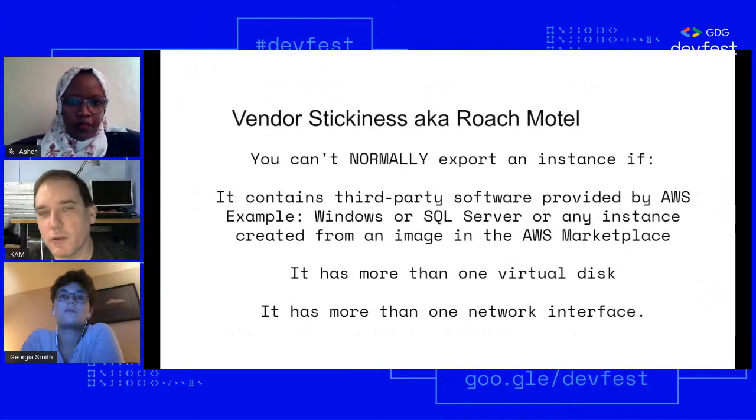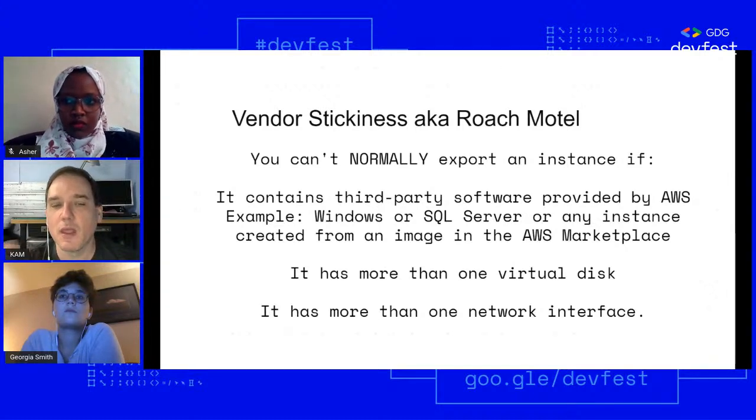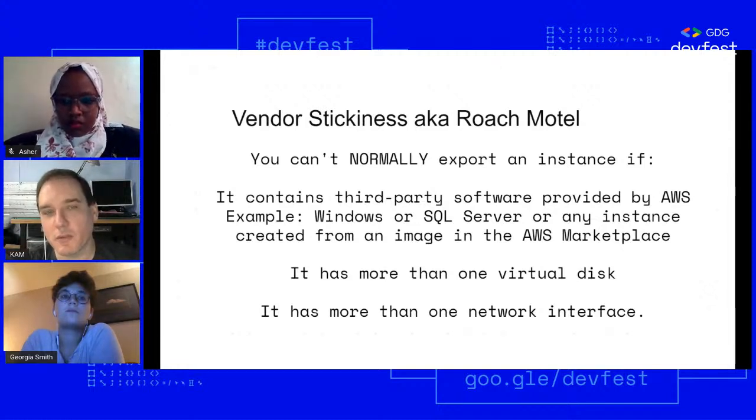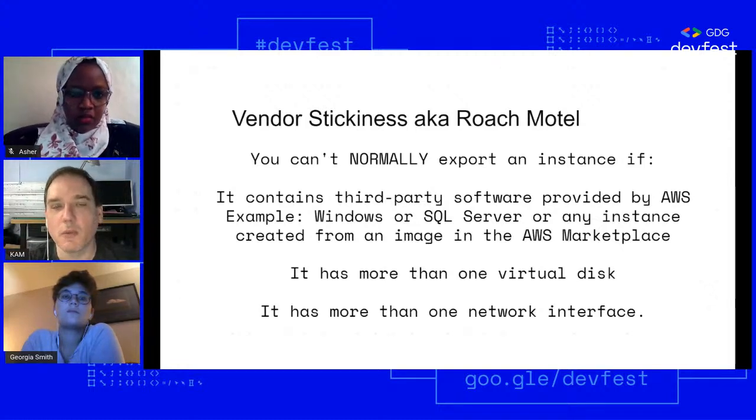First of all, if you're using software from the Amazon marketplace, like Windows or SQL servers, it prevents the export on purpose. Additionally, if you have more than one virtual disk or more than one network interface, you also can't export the machine. This can cause problems, especially if you have a very expensive machine or you built something as a prototype and now you want to move it somewhere else, or say you want to move it over to GCP with a lift and shift.